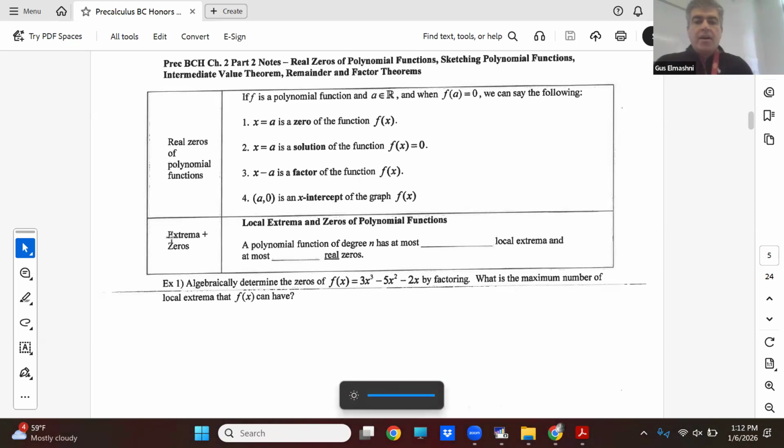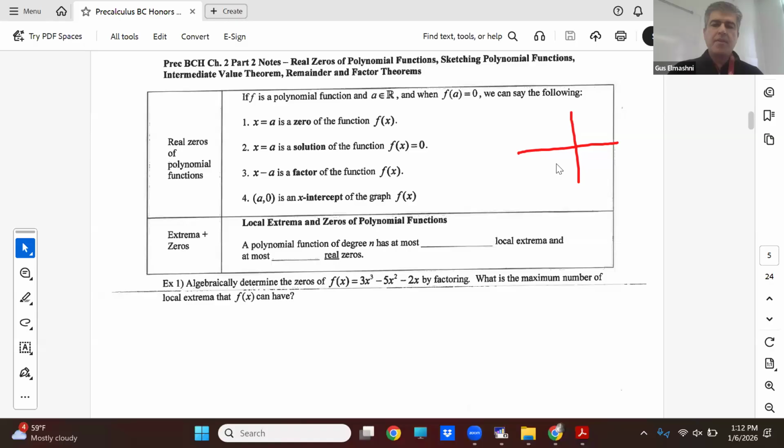Okay, the polynomial degree n. Now this one part's kind of interesting. What if I had this here?